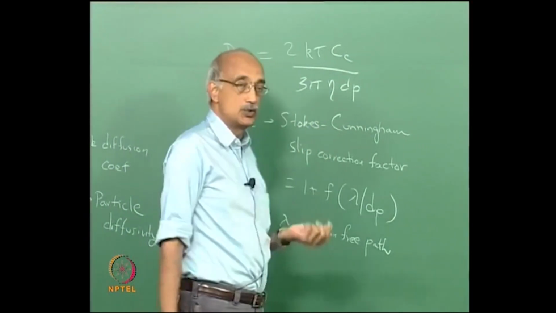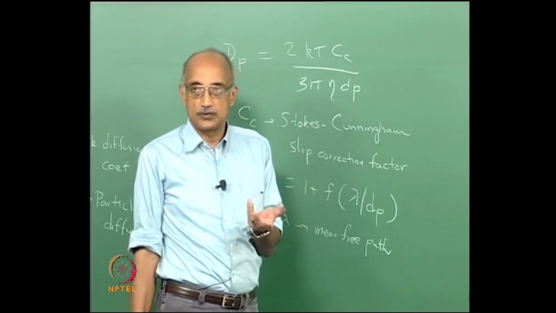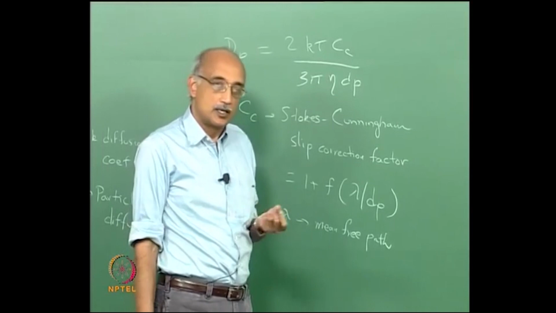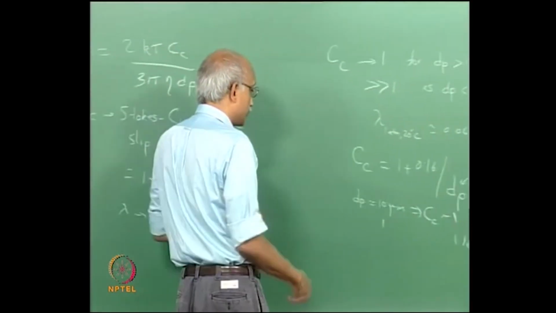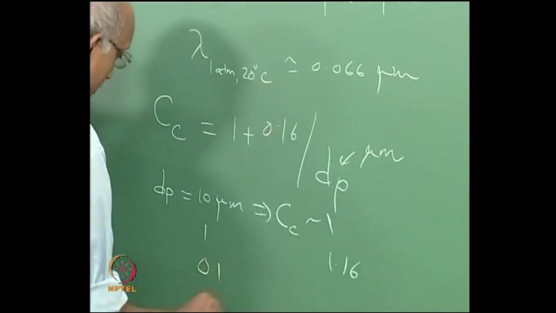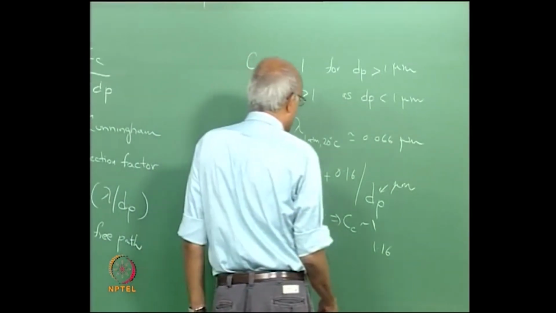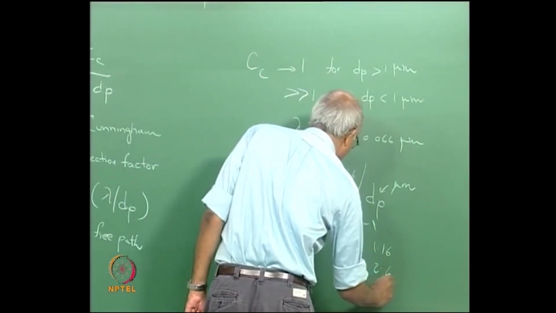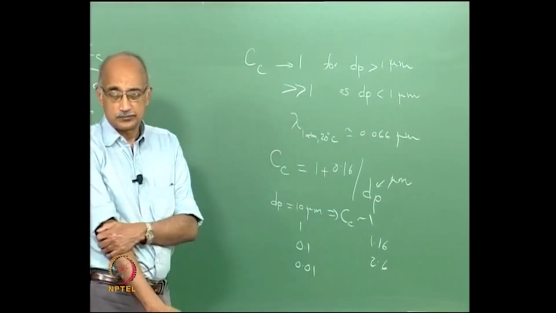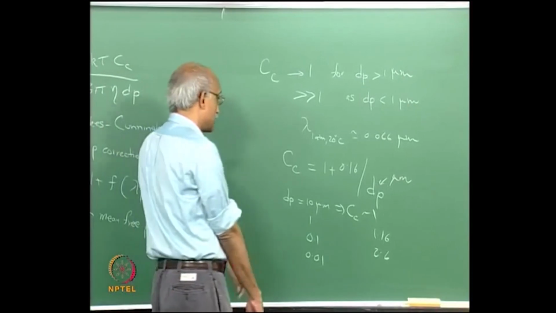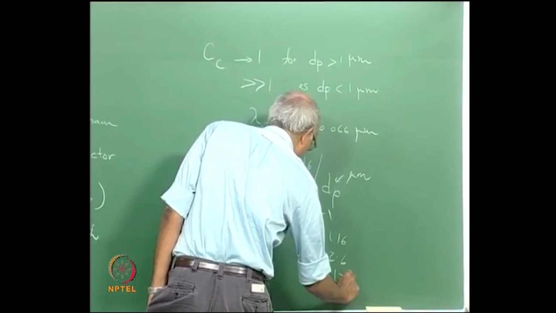So in terms of the diffusion coefficient, what does it mean? It increases the diffusion coefficient by 16% compared to if you had neglected this slip correction factor. And of course, if dp drops to 0.1, then the Cc value now becomes 2.6, and if it drops to 0.01 or 10 nanometers, this correction factor is as large as 16, so Cc becomes 17.